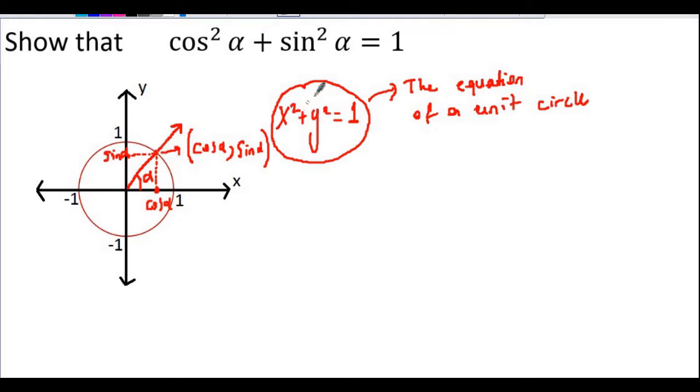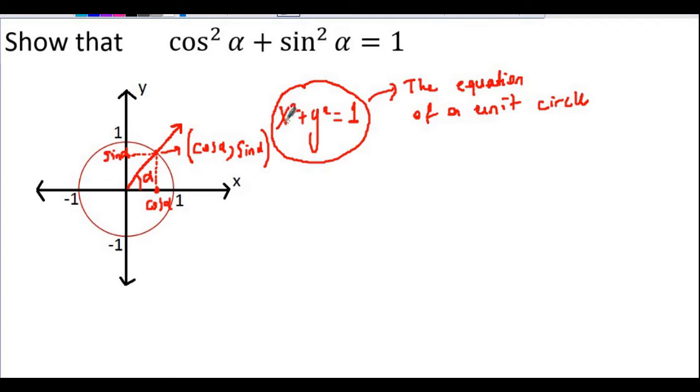So now, this is the equation of the unit circle, and I can replace x and y with these values. Instead of x, I can write cosine of alpha, because the first number is always the x coordinate and the second number is always the y coordinate.